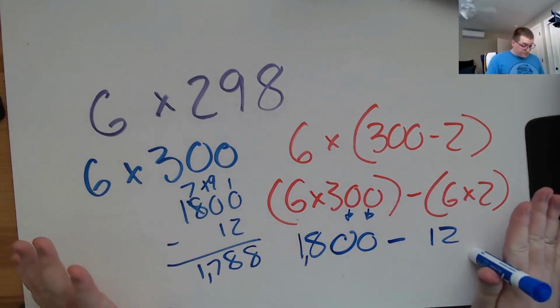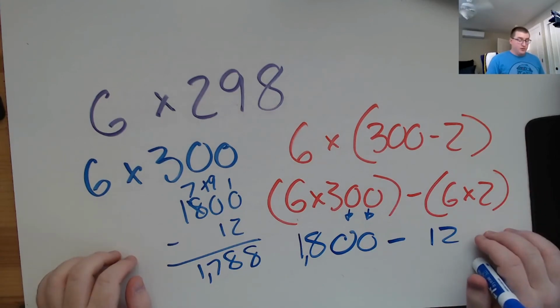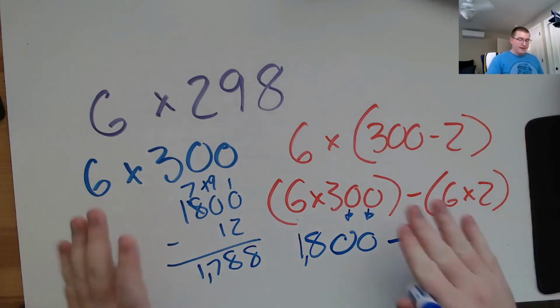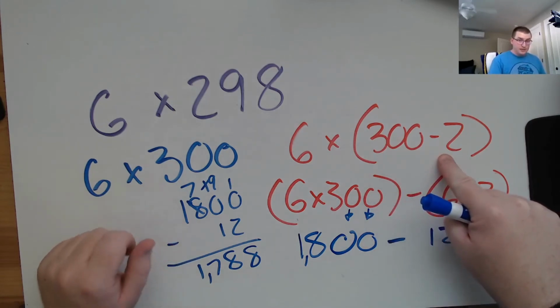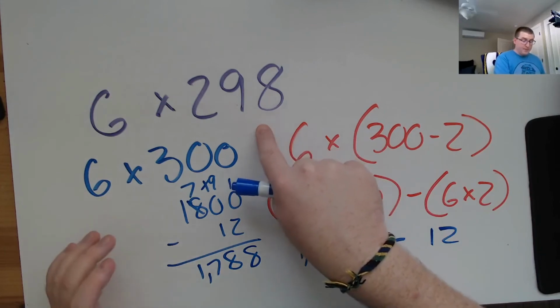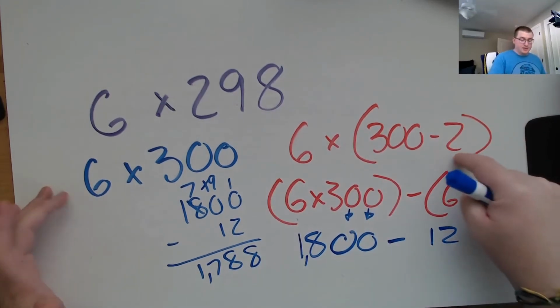Now, we're going to go ahead and solve this problem using standard multiplication. But first I want to go over kind of why this happened, and then we can do it again. So again, 300 is 2 more than 298. So 300 minus 2 is equal to 298. So it's still multiplying 6 times 298 as long as we're subtracting that 2.